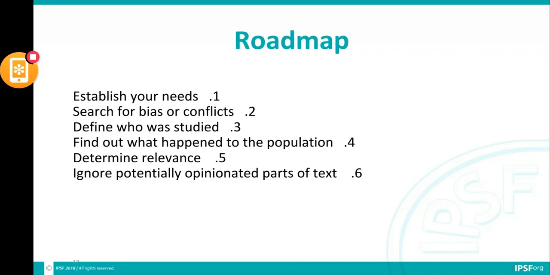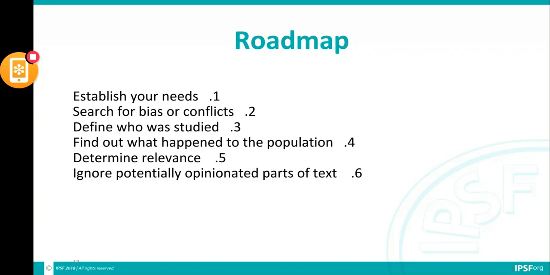Next, you want to find out what happened to that population. So this would be evaluating what outcomes the authors chose to include, as well as how often those outcomes occur. And those outcomes can be positive or negative. If we're still speaking about hypertension, it could be lowered blood pressure over time, following those patients, and how much their blood pressure was lowered.